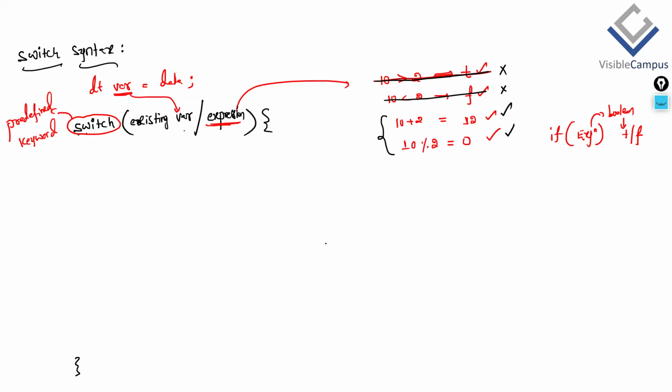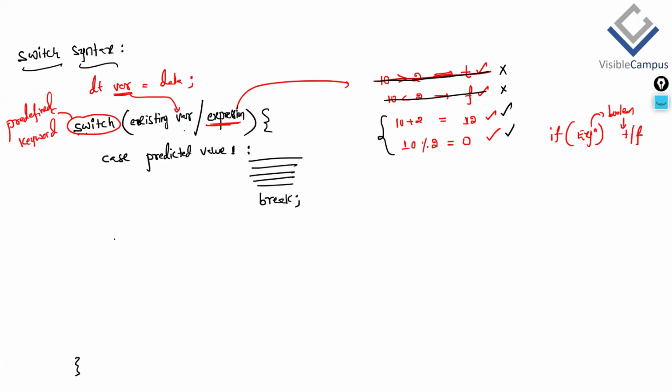That's the first point. Then inside switch we will have a case, then predicted value 1, then a colon. For this predicted value 1, we can write some number of lines of Java code, followed by a break keyword.